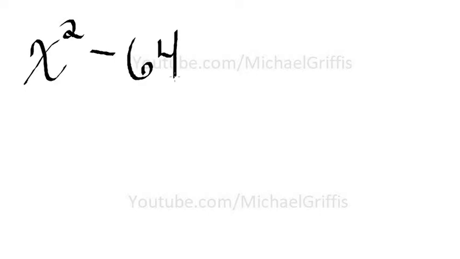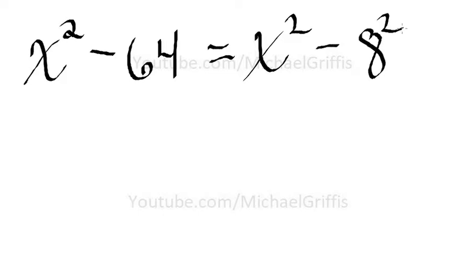Let's say that we have x squared minus 64. We're going to want to write that 64 as a square. Okay, so we have x squared minus 8 squared, right?